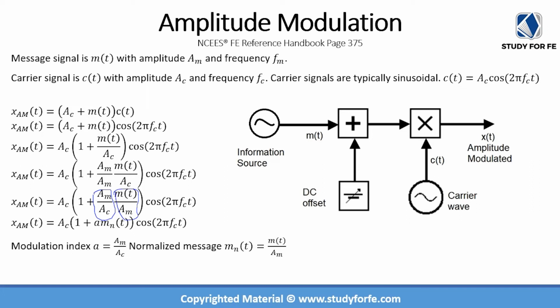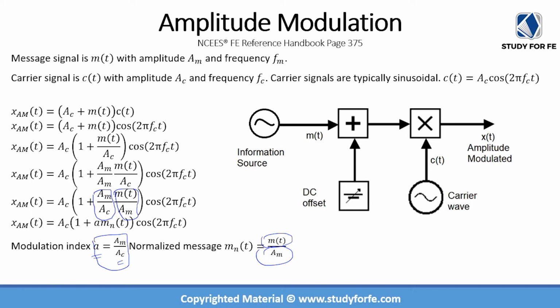Now this is where we are going to define two new parameters or quantities. The first one is the modulation index, which is defined as the ratio of the amplitude of the message or modulating signal to the amplitude of the carrier signal. So AM divided by AC, this is the modulation index. Then we have the normalized message, which is nothing but the message divided by its maximum amplitude, or its maximum value.